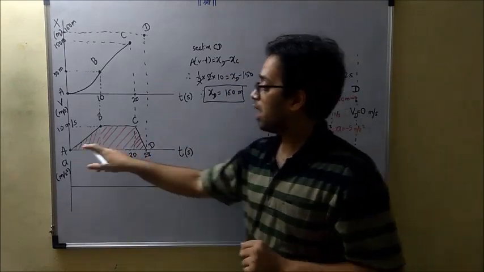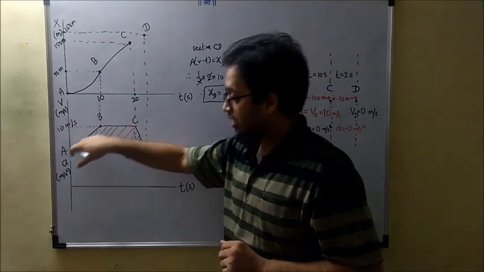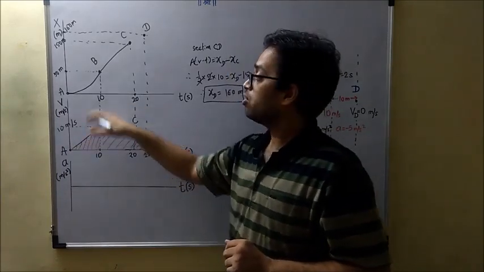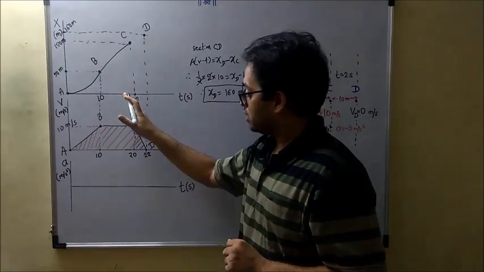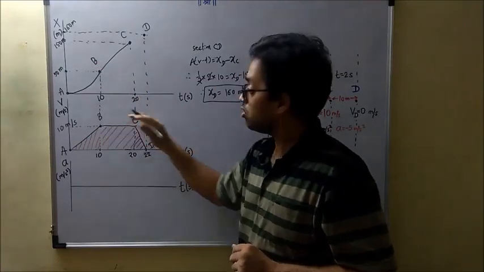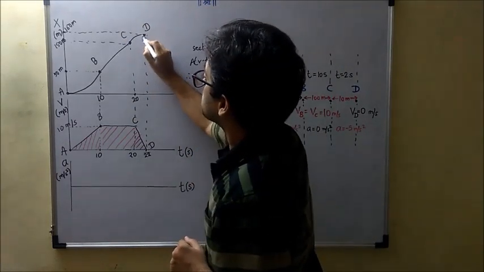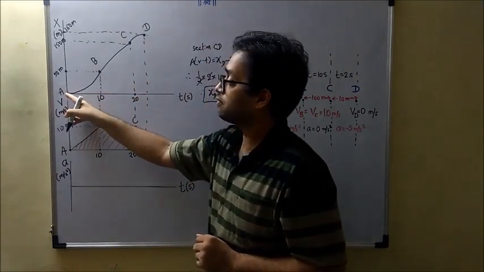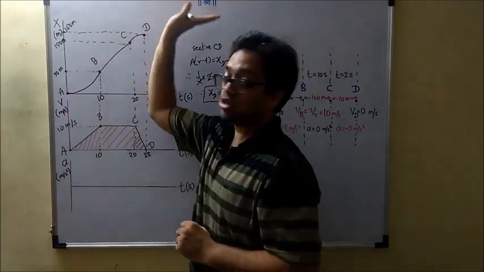So remember, when you have a linearly increasing nature of the VT curve, the XT curve looks like this. Whereas when you have a decreasing nature of the VT curve, your XT curve looks like this. Do you notice the difference between the nature of the two curves? One is bulged inside, the other one is bulged outside.